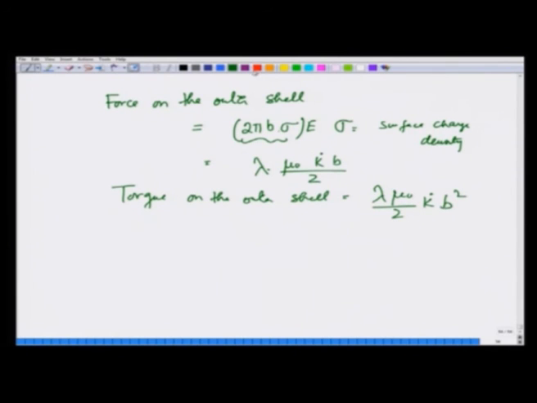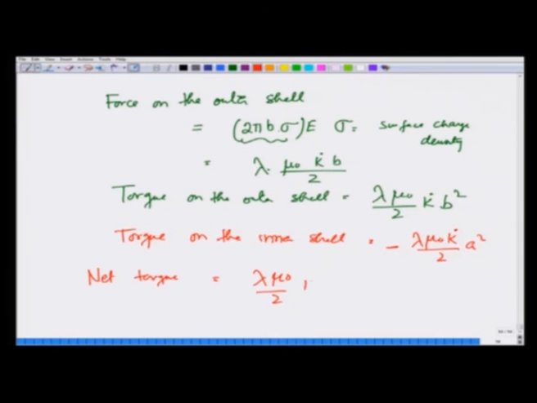In the similar manner, we can calculate torque on the inner shell, and it will be lambda mu 0 k dot over 2 A square with a minus sign, and therefore, the net torque on the system is going to be lambda mu 0 over 2 k dot B square minus A square.